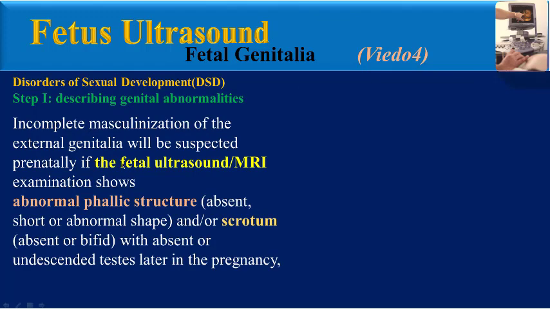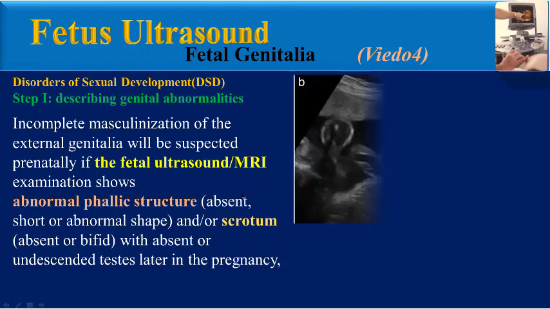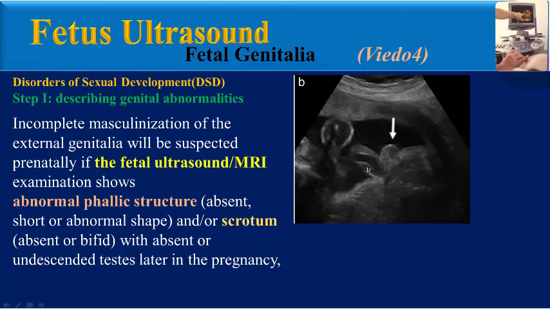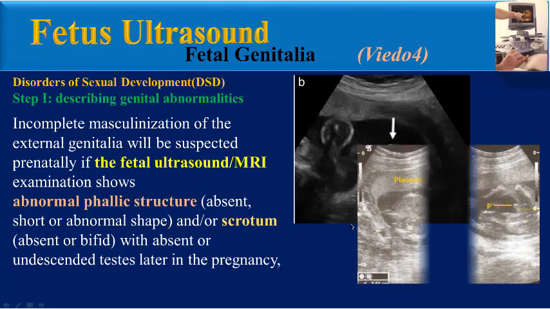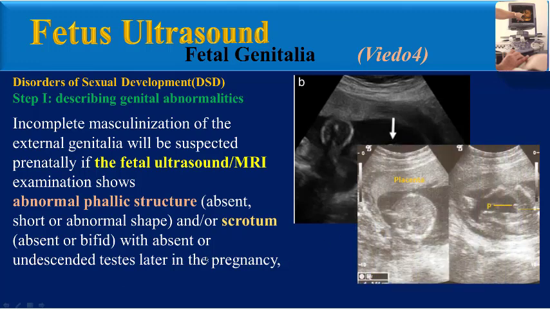Incomplete masculinization of the external genitalia will be suspected prenatally if the fetal ultrasound or MRI examination shows abnormal phallic structure, meaning absent, short or abnormal shape, and/or scrotum, meaning absent or bifid, with absence of descended testes later in the pregnancy. In this fetus we can see a micropenis with absent scrotum at 15 weeks of gestation.